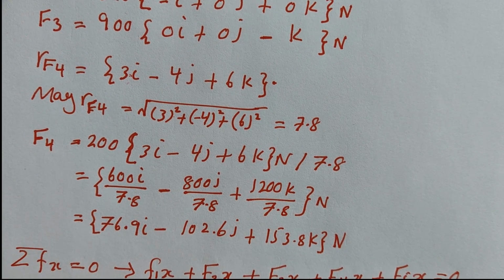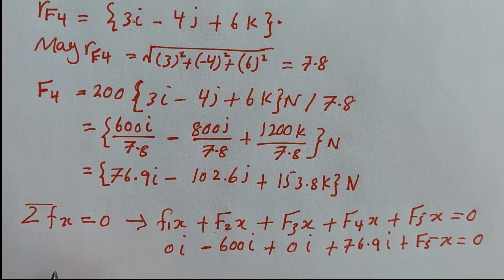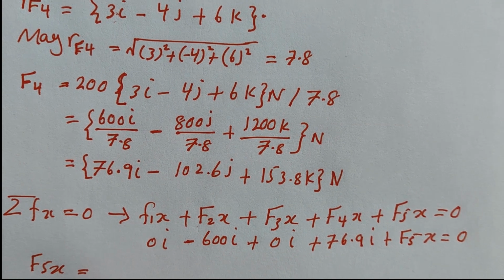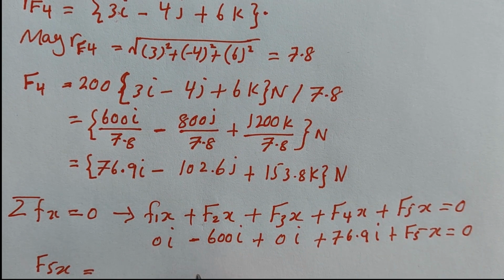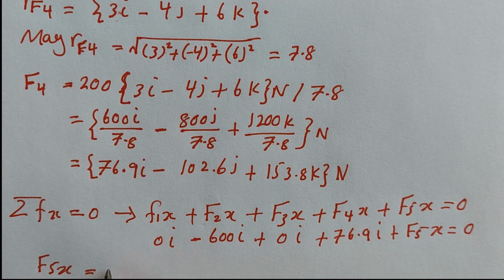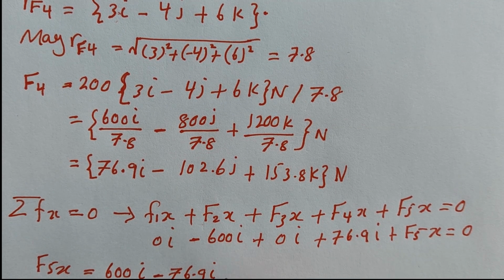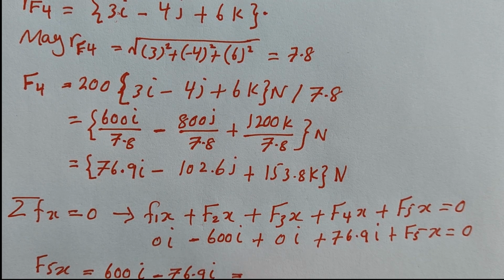So solving for F5 on the x-axis equals 600i minus 76.9i, which, once you plug this in your calculator, equals 523i.